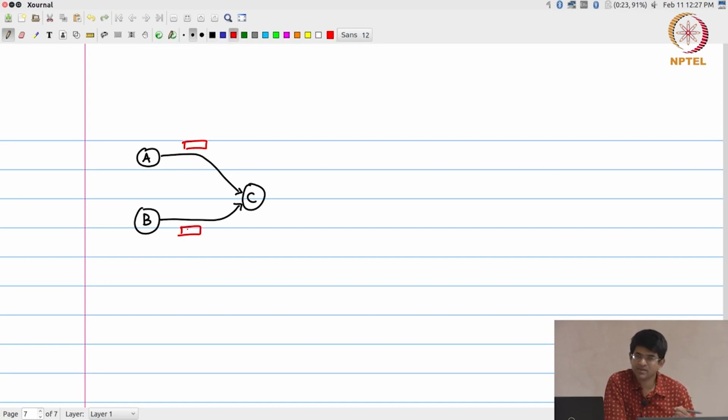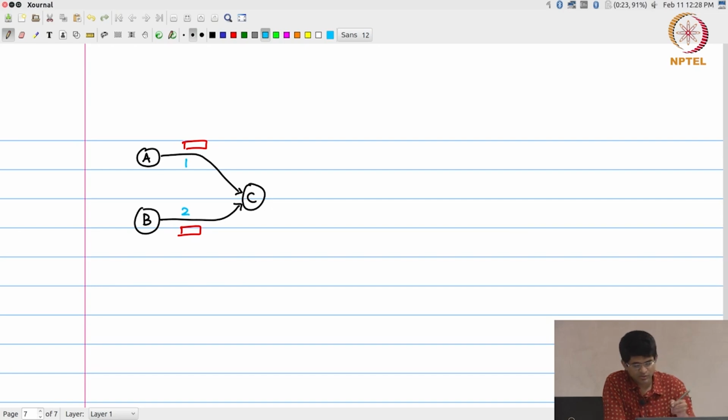But the interesting thing becomes when I can further associate a number with each of these edges, right? So let's say I have 1 over here and 2 over here. What does that number mean? It means that for C to execute, it needs to wait until there is at least one data present on A and at least 2 data values present on the B to C edge.